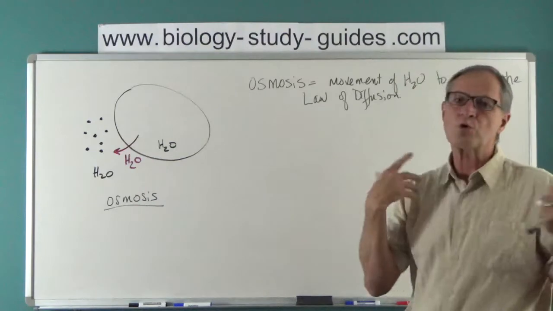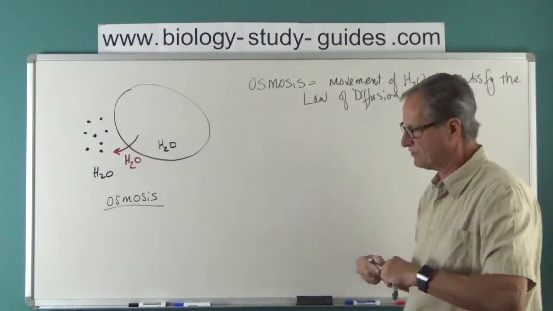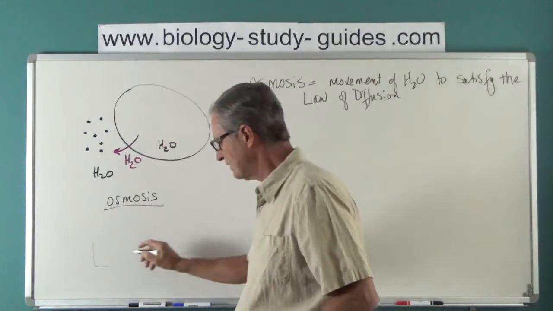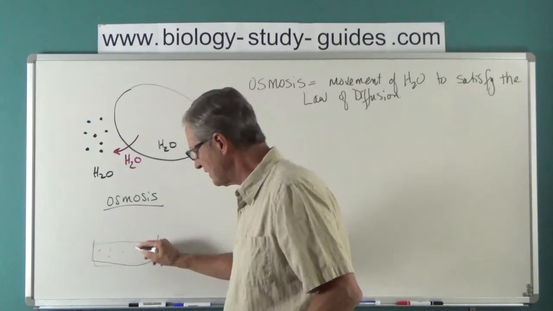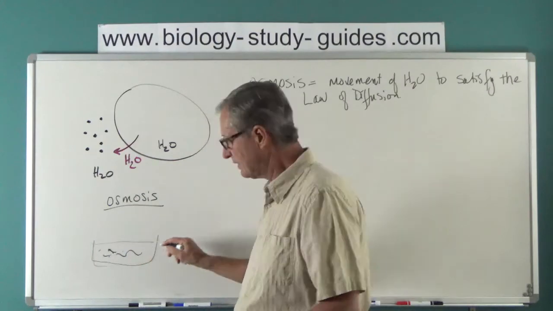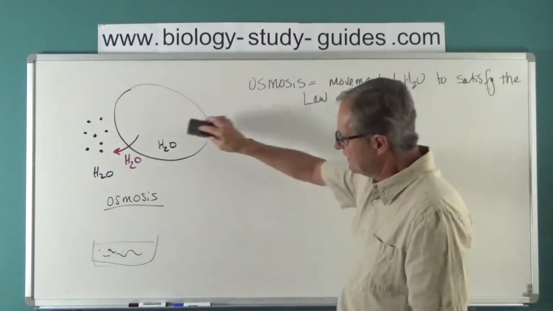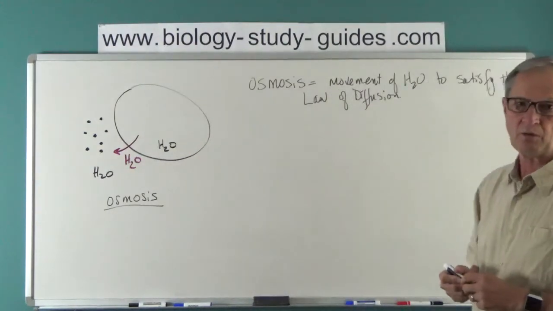Osmosis will occur without a membrane. Maybe there was a bit of a simplification before. Just go back quickly here and consider this beaker, and you've got particles in it, and you've got water in it. The water molecules are going to be moving around in here as well. So they're going to be assisting in satisfying the law of diffusion. But in this case, where we do have a membrane, it's way more pronounced and way more obvious.